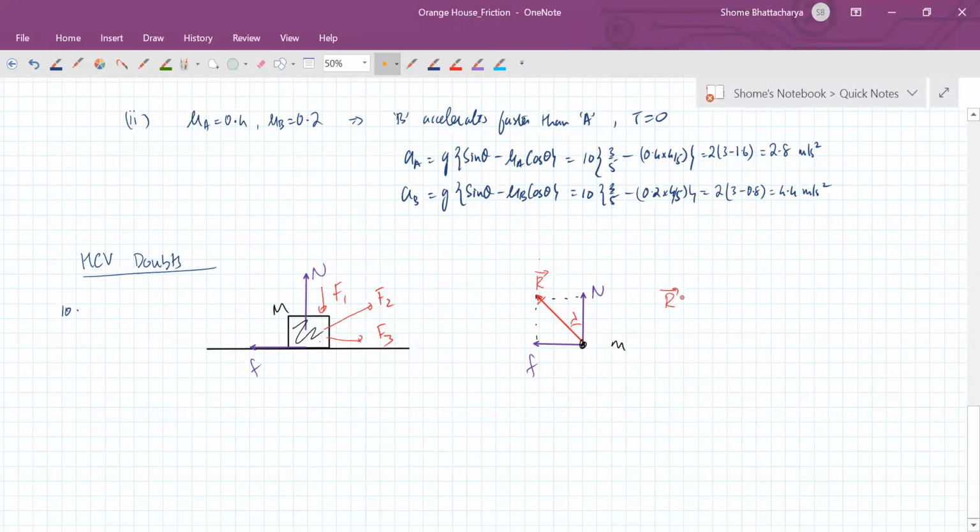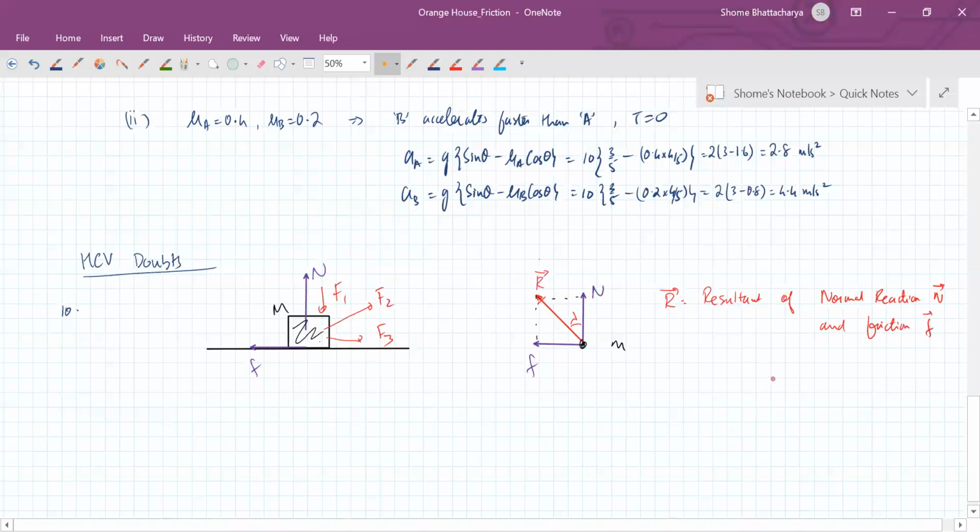So R here is the resultant of normal reaction N and friction F.